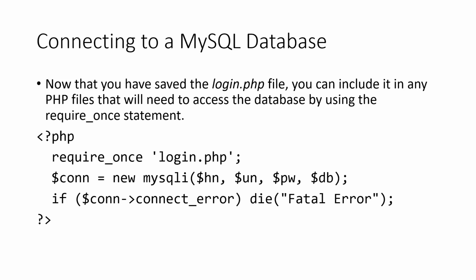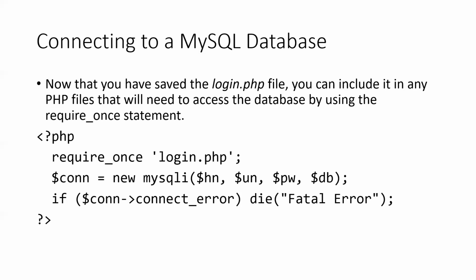So for the connecting part, you can see here that now we have stored our information under the login. Now, once you do that, you can actually load that information in here, and then we can actually use it for the connection. So for that, we use MySQLi, which is the MySQL connection string in an object-oriented way.